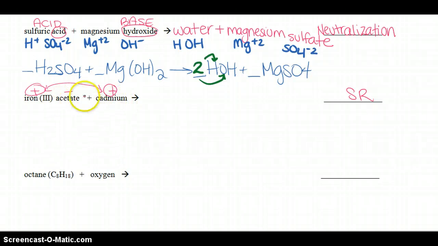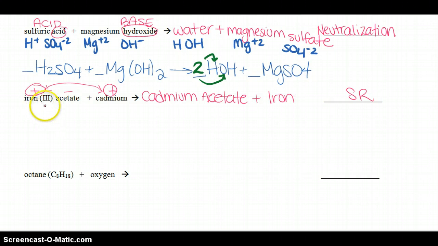So now cadmium is with acetate, and iron is by itself. So iron is +3, acetate is -1, cadmium by itself is just cadmium. Cadmium in a compound is +2, acetate -1, iron by itself is just iron.